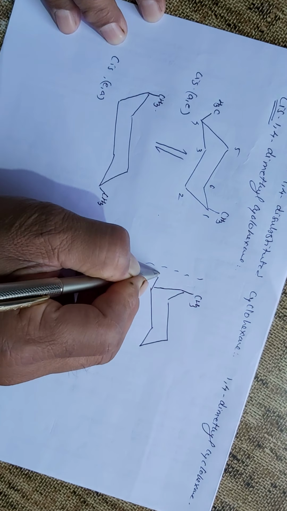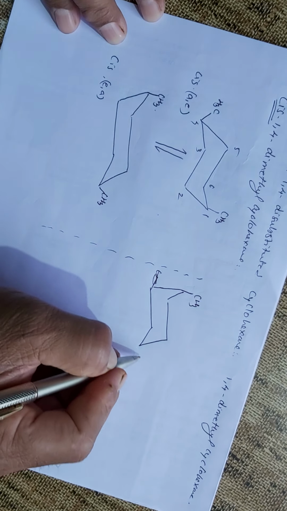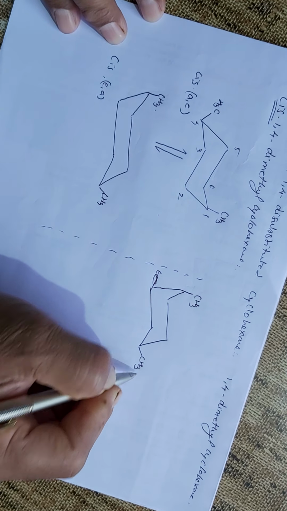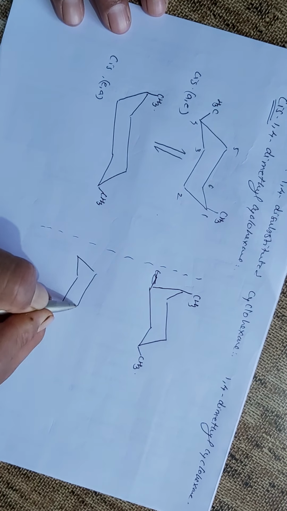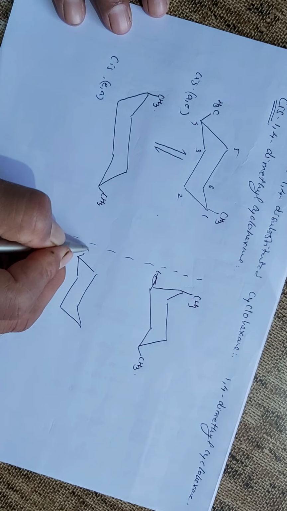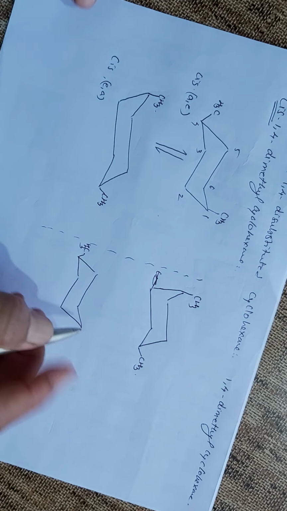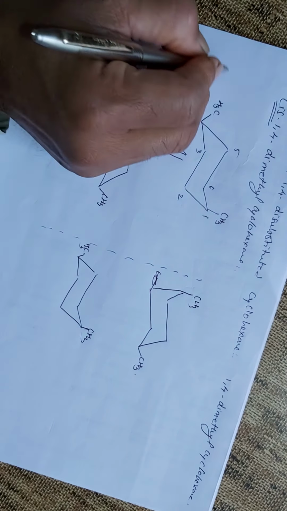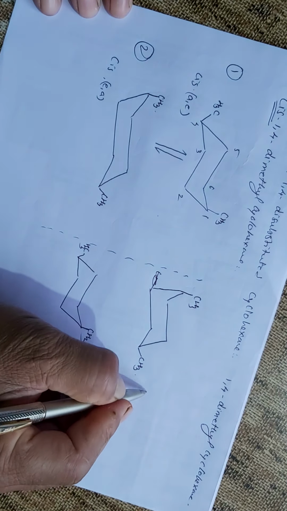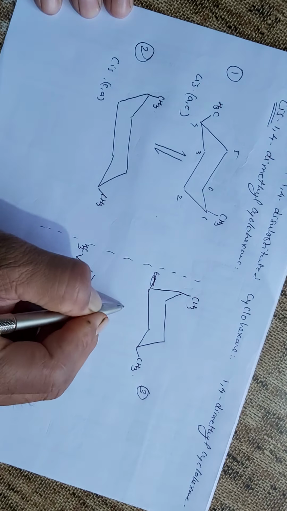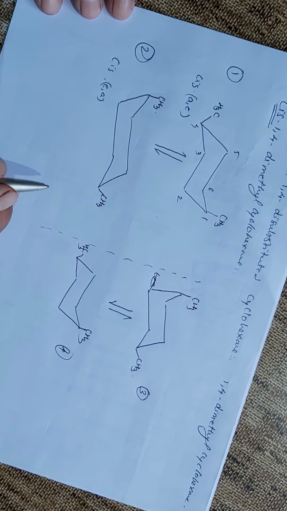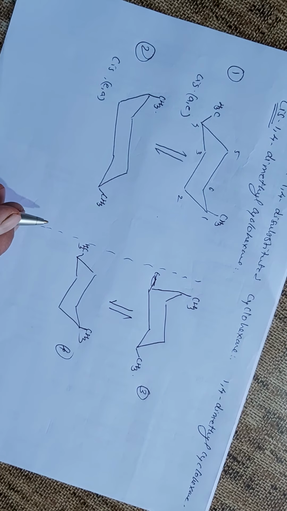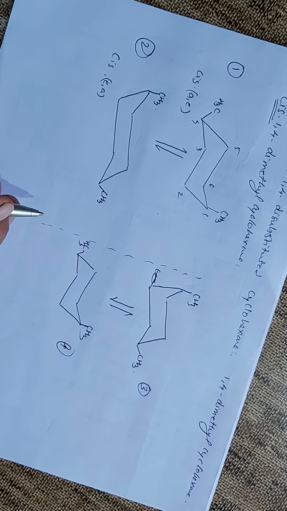Here again they are directing to the same side of the plane, that is above the plane. So when 1 flips to give 2, 3 also will flip to give 4 in this way. So these are the conformational isomers of cis 1,4 dimethyl cyclohexane, either axial equatorial or equatorial axial.